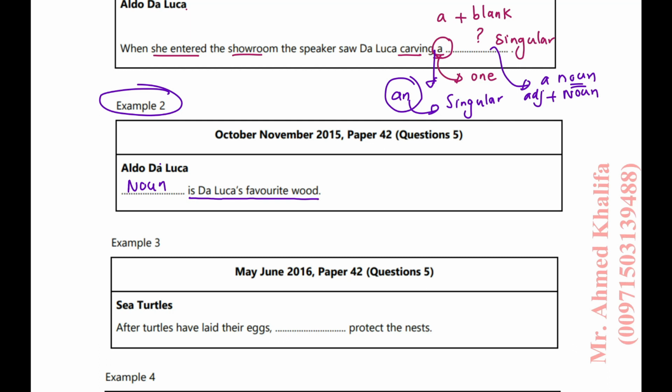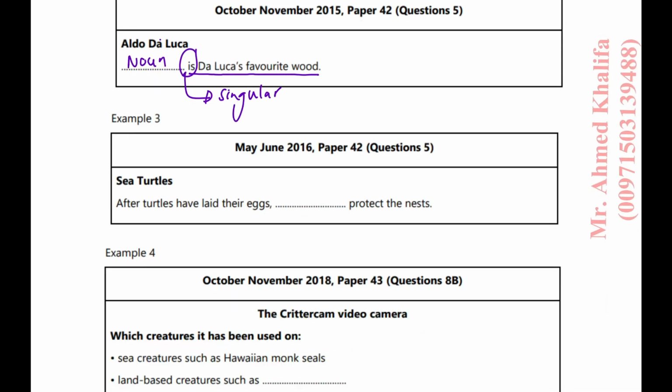If you know the basic grammar, you will be able to tell that this sentence is written using the simple present tense, is. And is here is singular. You got the point? So the verb is tells us that the required answer is singular, so we need a singular noun. You got it? This is how you decode the grammatical pattern.